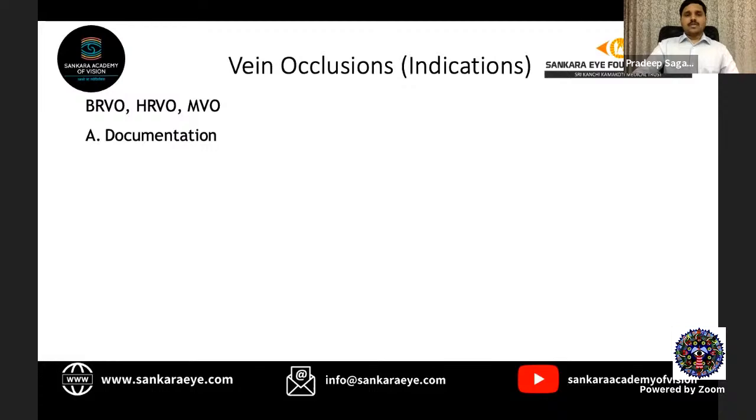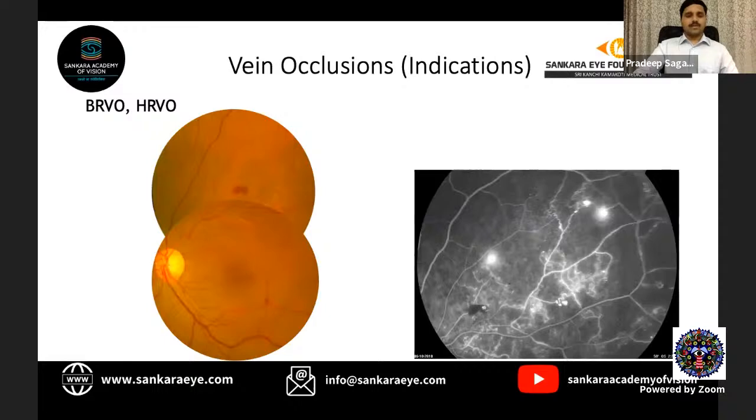When we discuss the other forms of retinal vein occlusion, like branch retinal vein occlusion, hemiretinal vein occlusion, and macular vein occlusion, it can be used for documentation purposes. And in cases with old branch retinal vein occlusion and hemiretinal vein occlusion, it is helpful in identification of small neovascularization.